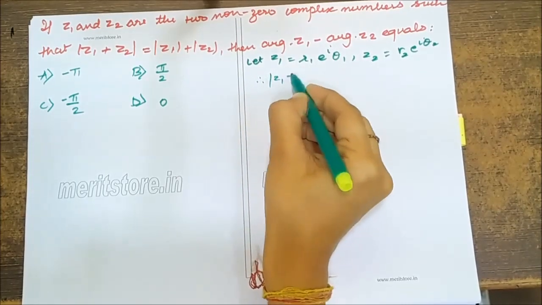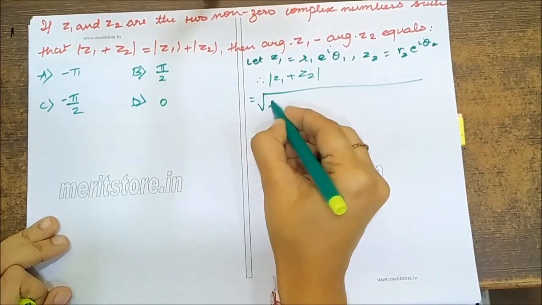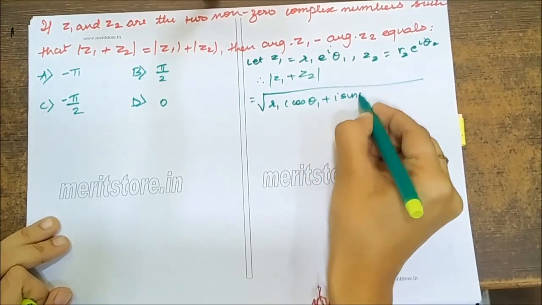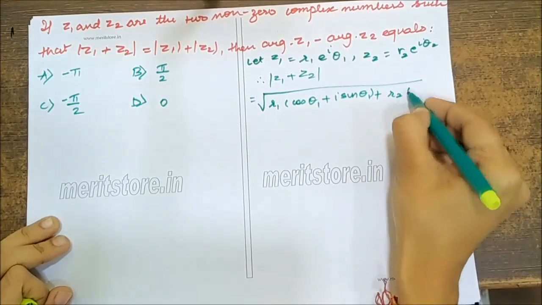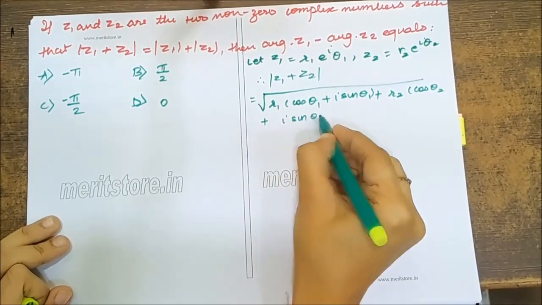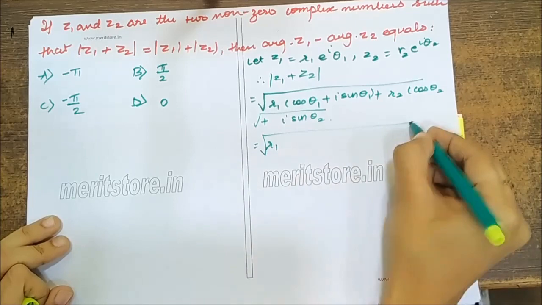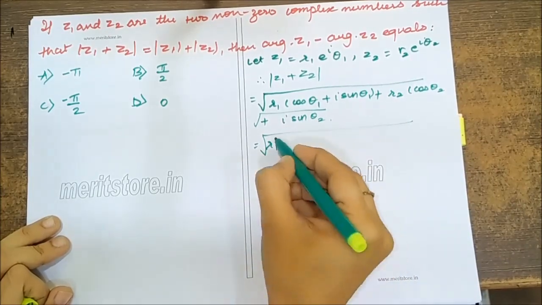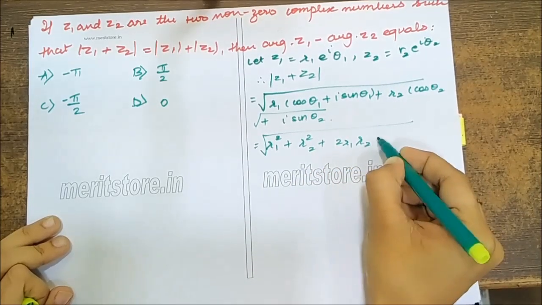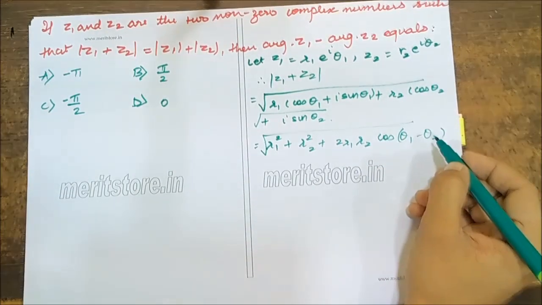Therefore z1 plus z2 will give you r1 cos theta 1 plus i sin theta 1 plus r2 cos theta 2 plus i sin theta 2. Hence modulus is square root of r1 square plus r2 square plus 2r1 r2 cos theta 1 minus theta 2.